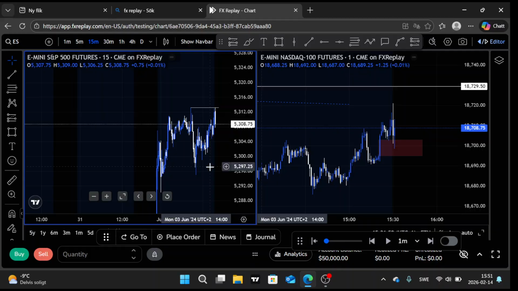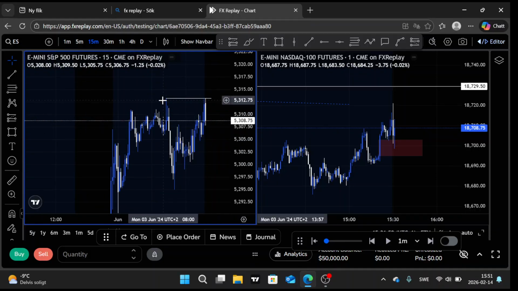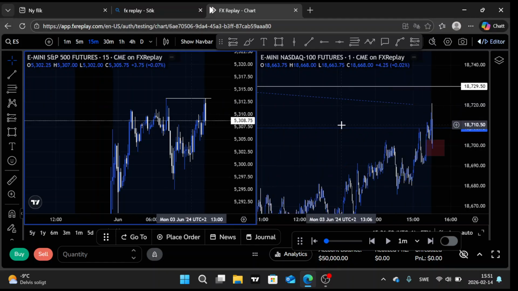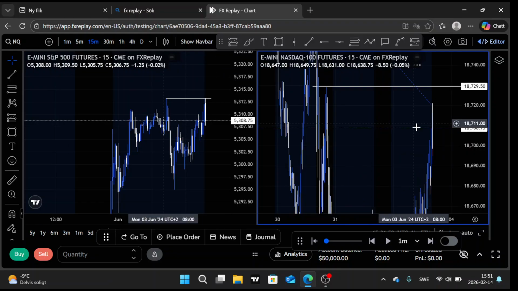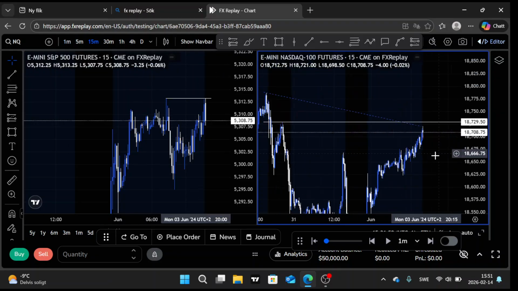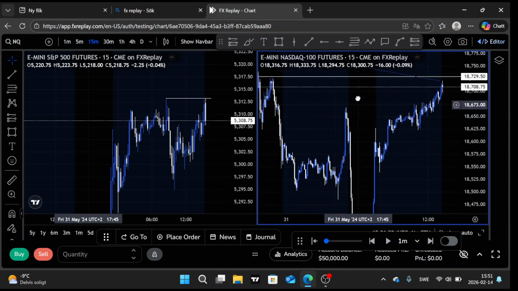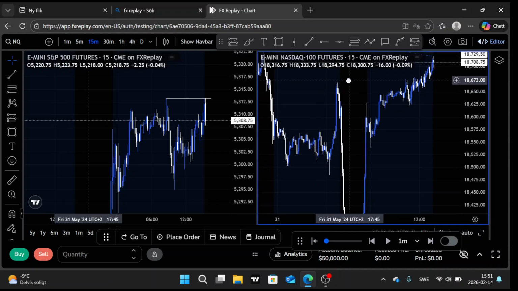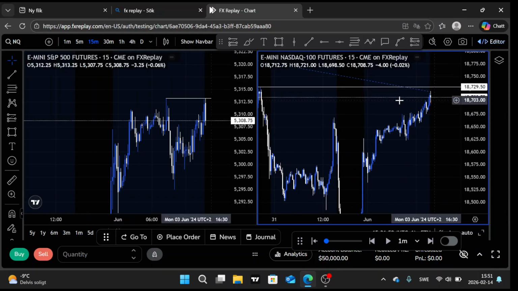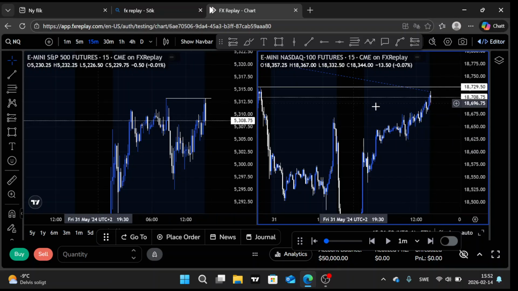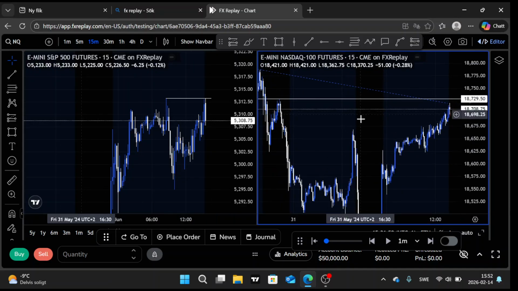Okay. External high swept on ES, and internal high swept on ES. On the lower time frame we can see that clearly. SMT at the highs.